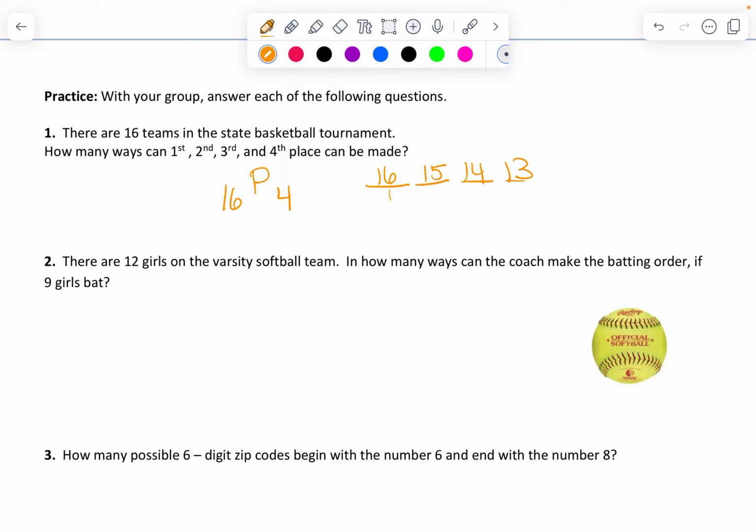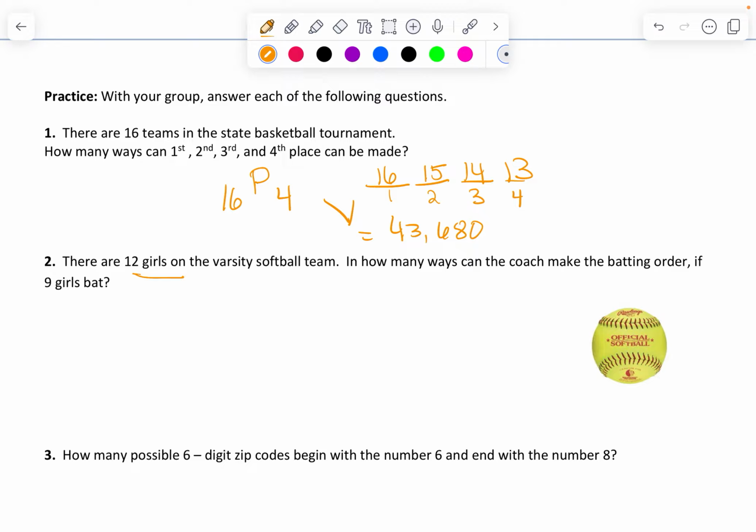Because you can pick first place 16 ways, but then you only have 15 ways for second, and 14 ways for third, and 13 ways for fourth. So whichever way you did this, you should have gotten 43,680 ways.